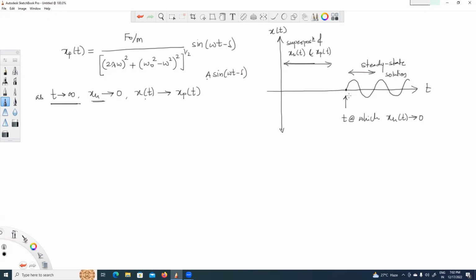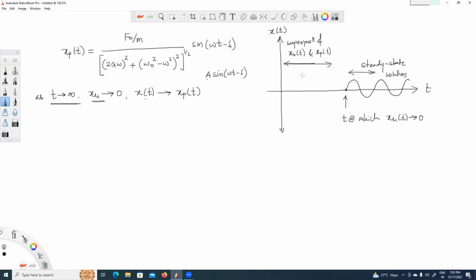And if I superimpose the homogeneous solution xh, which will be underdamped, overdamped, or critically damped, it will have a certain amplitude and keep decreasing, while I superimpose xp of t, which is periodic in nature.